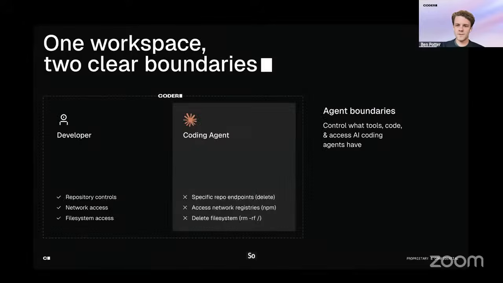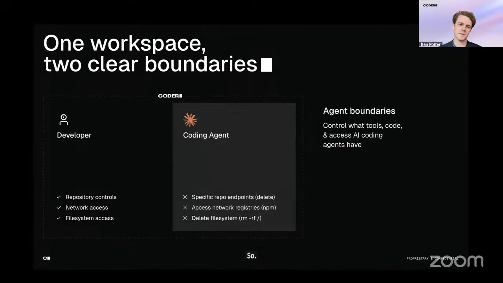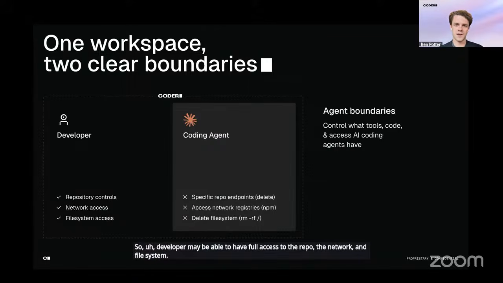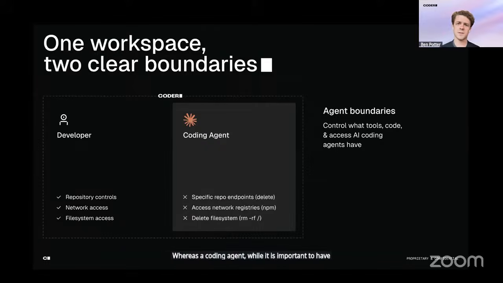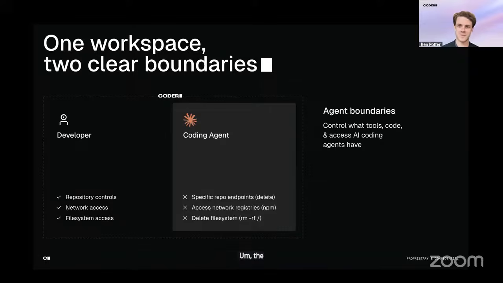So this is the premium feature that I was talking about earlier. We call it Boundaries, and this is a somewhat new term in development environments where a coding agent has less permissions than a developer inside of a specific environment. So a developer may be able to have full access to the repo, the network, and file system, whereas a coding agent, while it is important to have access to some tools in order to finish a task, shouldn't have access to be able to do things like delete a repository, access the NPM registry to pull potentially insecure packages, or delete the file system.